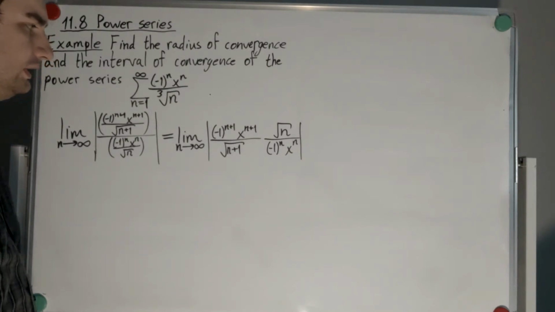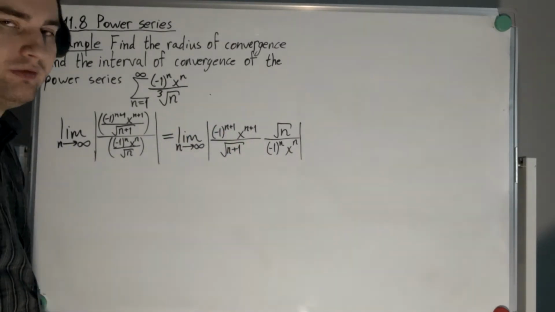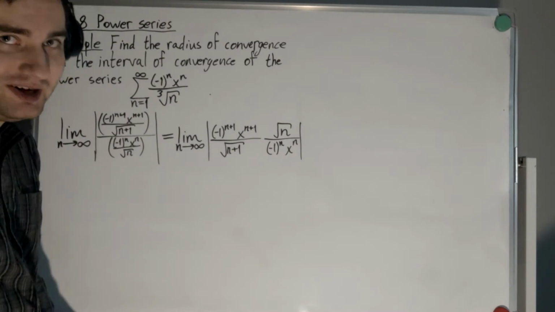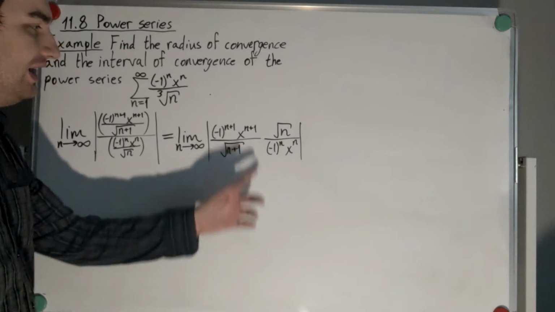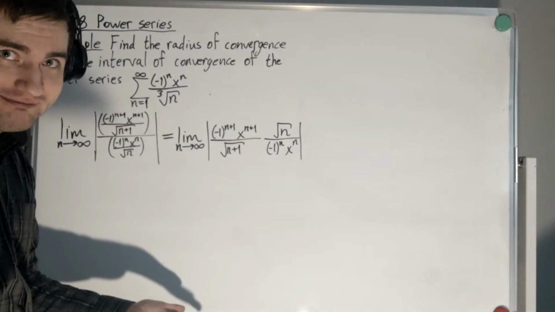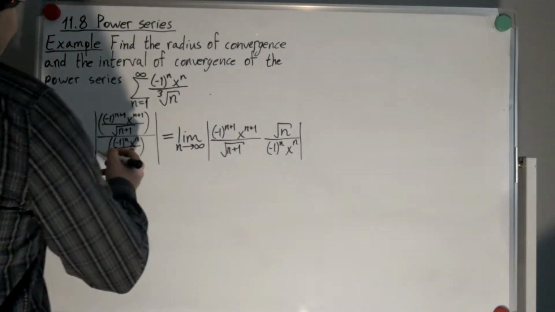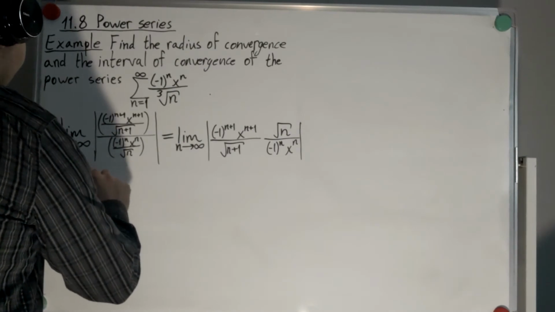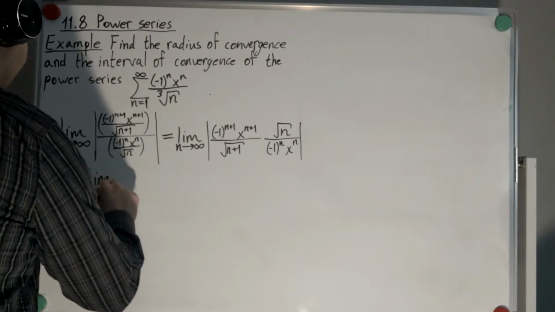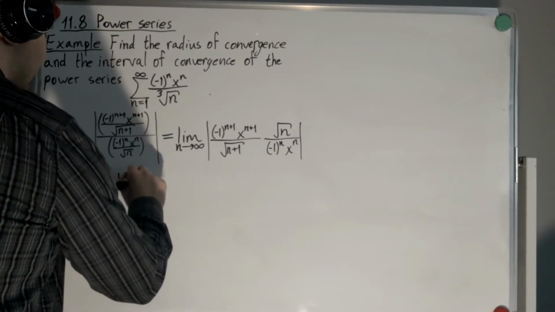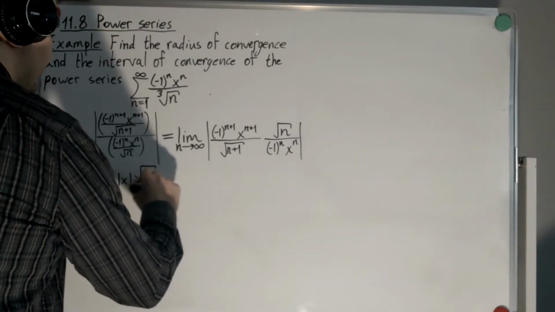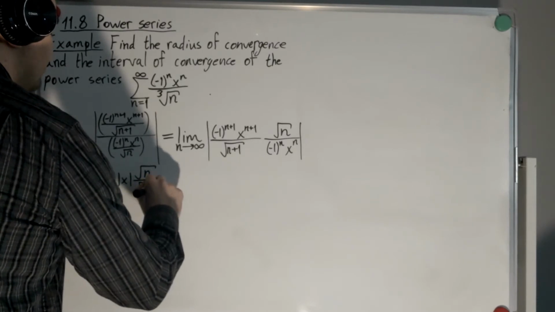Okay, so n copies of -1 cancel. Not that it matters because we're taking the absolute value anyway. But n copies of x also cancel, right? So then this is just going to become the limit as n approaches infinity of the absolute value of x times the square root of n divided by the square root of n+1.